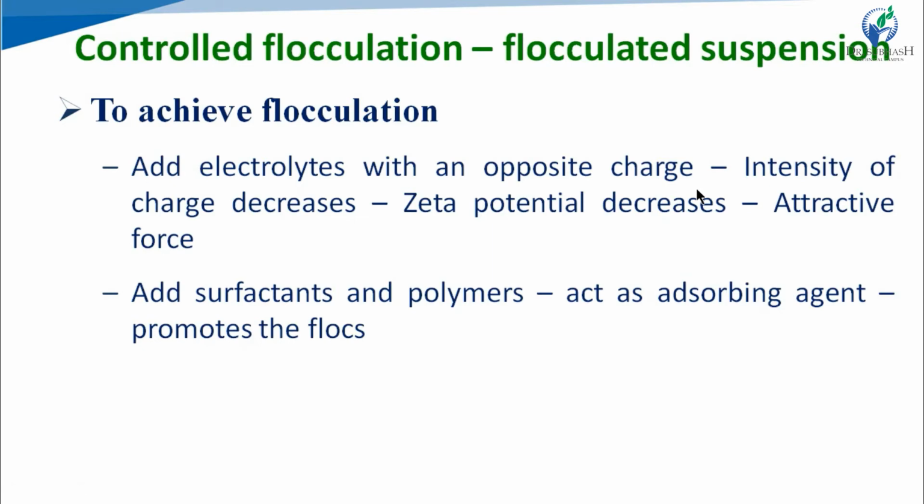For example, if we have a molecule of positive charge and we add another substance, a negative charge electrolyte, then the intensity of the charge decreases, and due to that the zeta potential decreases, and the attractive force becomes predominant between the particles, so that flocs will be achieved in the suspension.